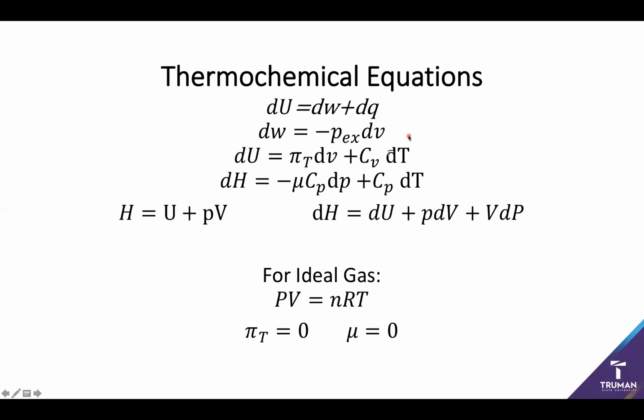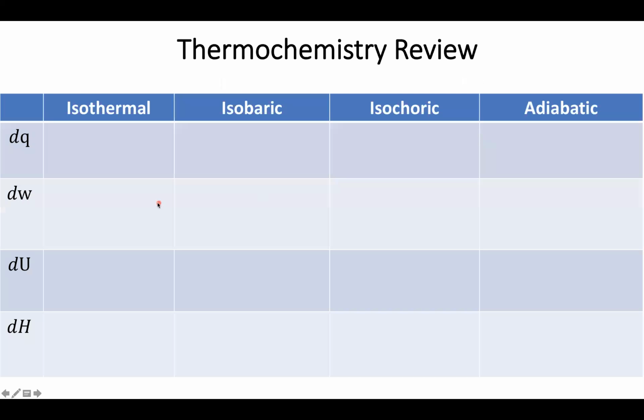So in practice, what we often are looking at is the changes of one of our 4 fundamental thermodynamic properties: heat, work, internal energy, and enthalpy, under one of the 4 major limiting conditions that we've brought up this semester: isothermal, isobaric, isochoric, and adiabatic. So constant temperature, pressure, volume, and heat.